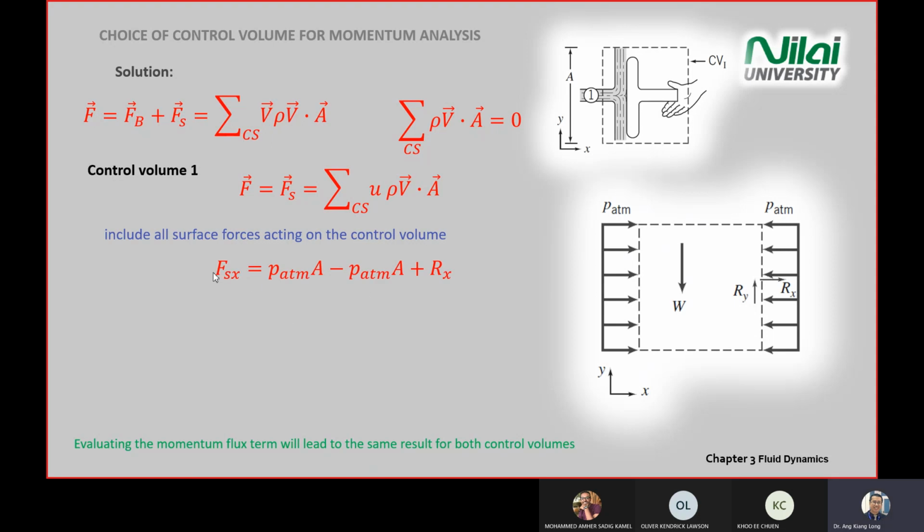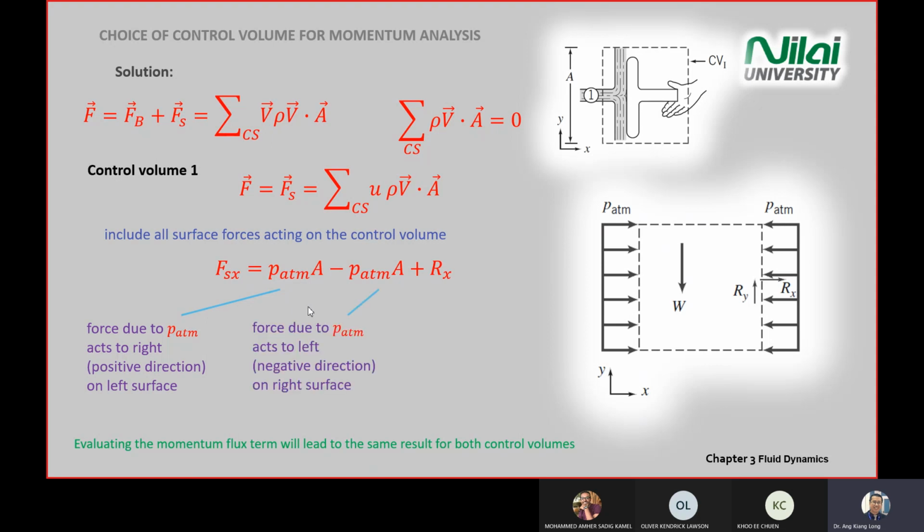So we can write the surface force in the x direction equal to pressure times area, which gives the force from the atmospheric pressure, minus, negative because it's going against the x-axis, pressure times area over here, plus Rx for the x direction. Then you can cancel, so your Fsx will equal Rx. Negative is because it's going opposite the x direction.